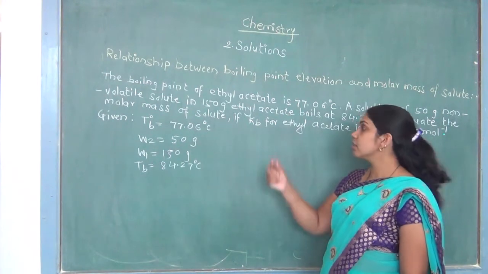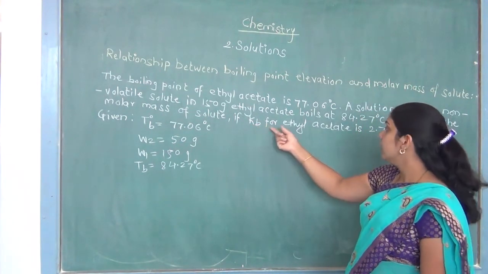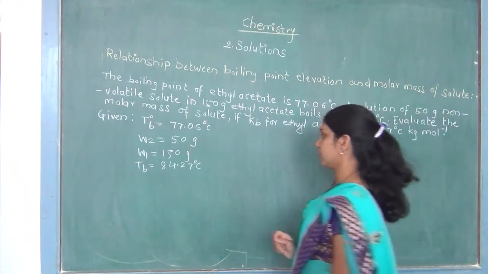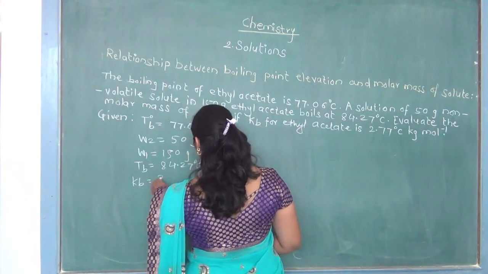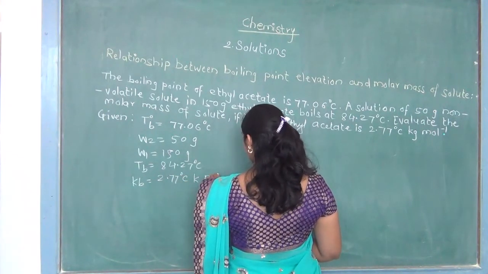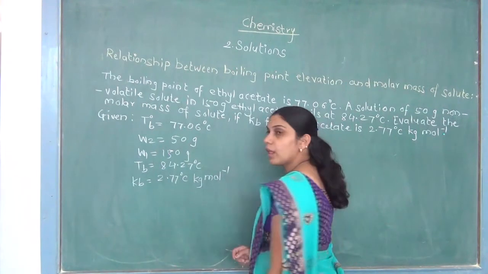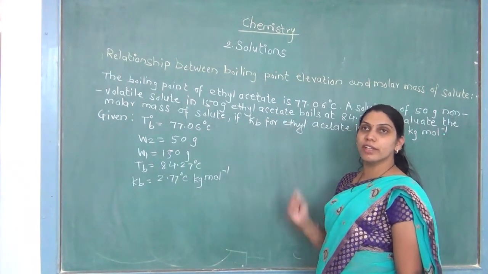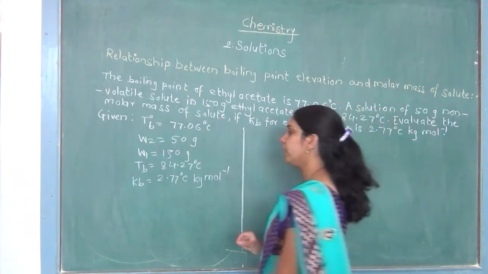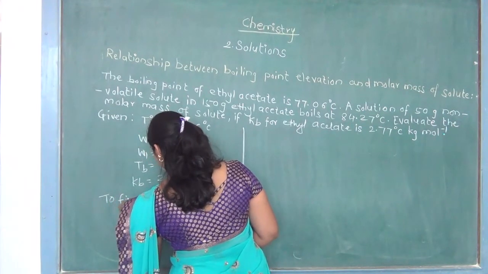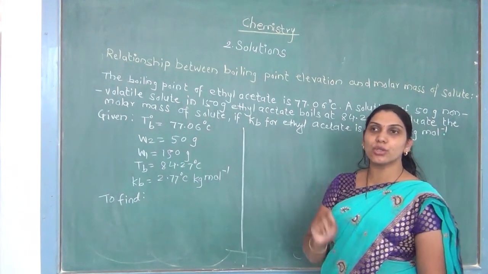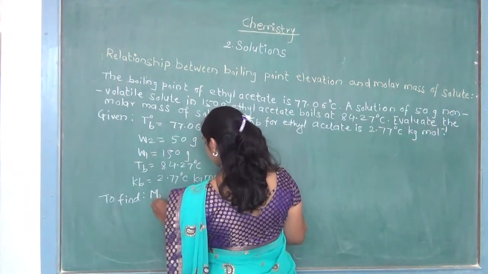Further, we have been given the value of Kb. Kb is 2.77 degrees Celsius kilogram mole inverse. These are the different values given. Further, we will write what we have to find. What is to be found? We have to find the molar mass of solute, which is denoted by M2.